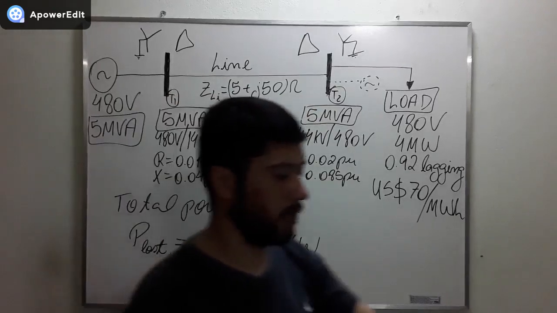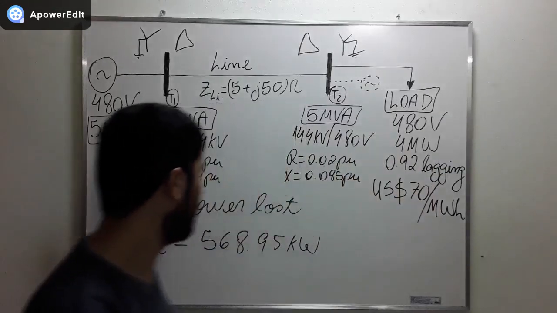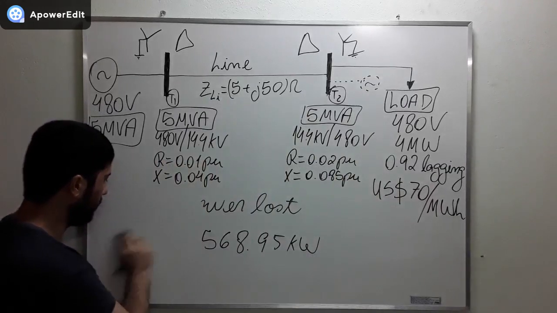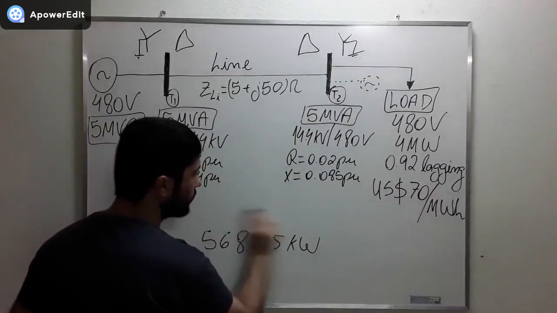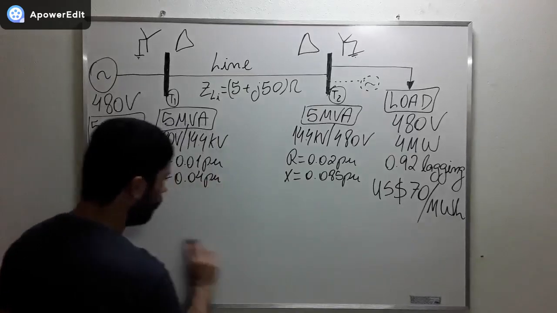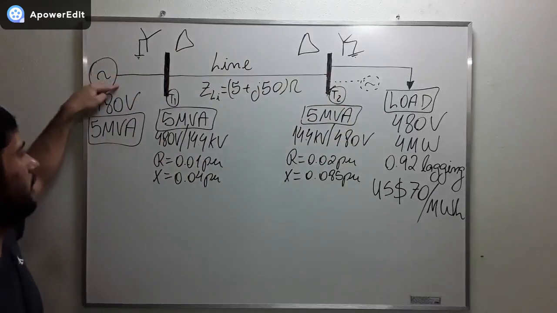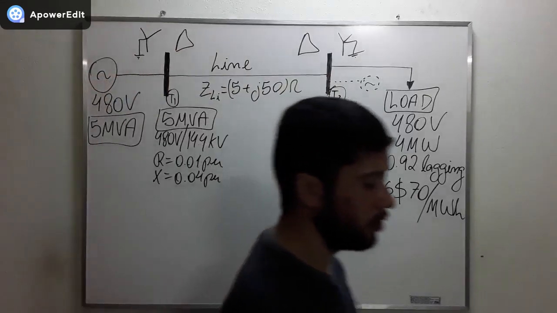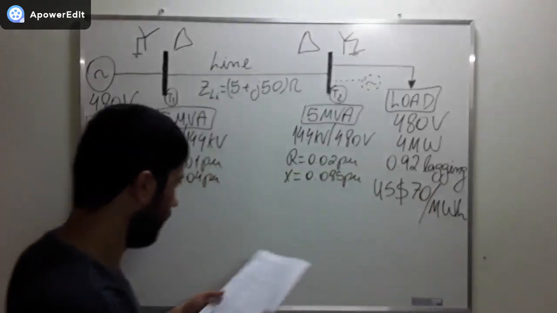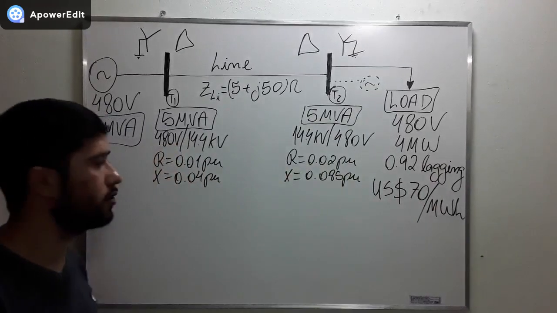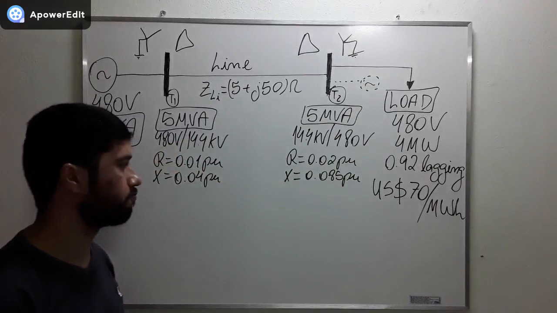Okay, now that we have this, we can calculate the amount of money that we can save if we could construct the transformer here instead of here. Okay, so we know that the load pays $70 per megawatt hour.